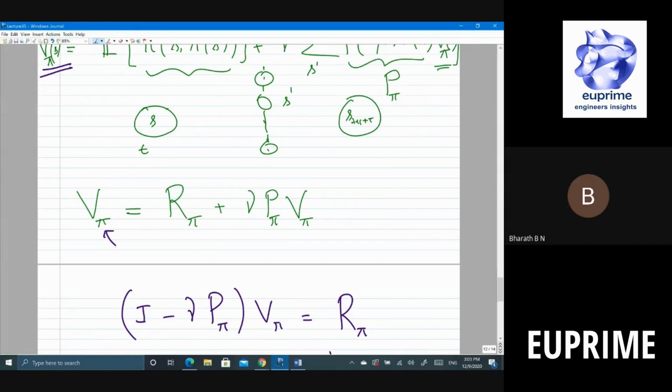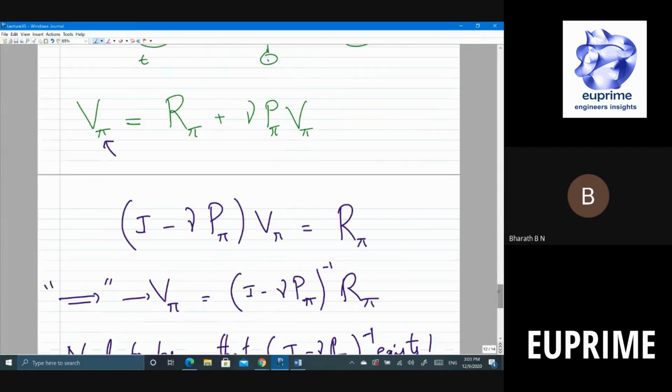So this is the iteration that we got. In fact, a slight variant of this is called the Bellman equation. That's what we will look at today. Is that fine? Everything fine, right?